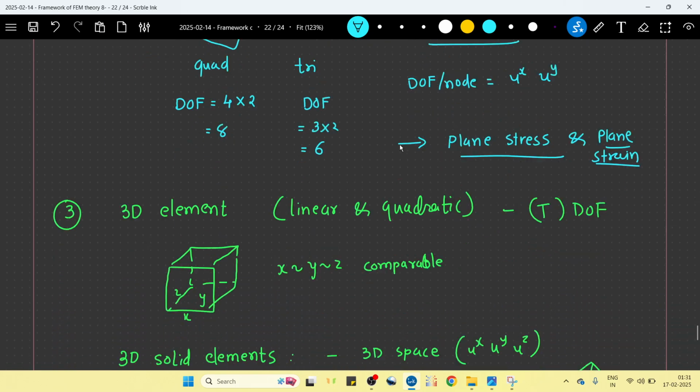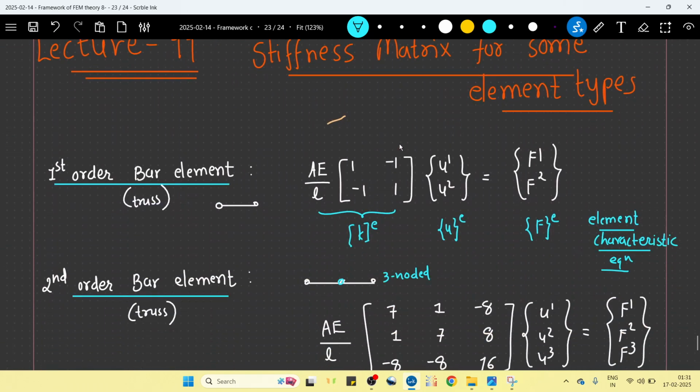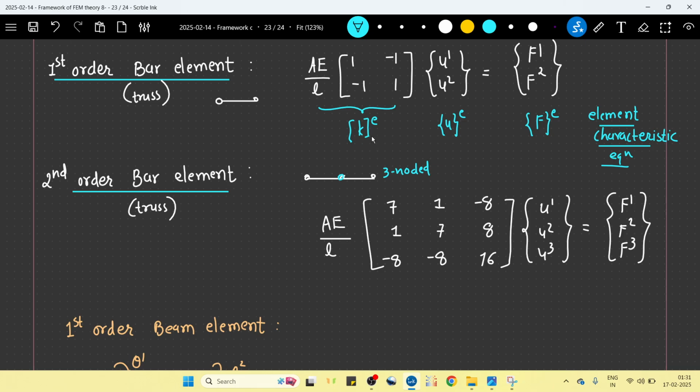The reason is that the k element, the stiffness matrix size, is always degree of freedom per element by degree of freedom per element.